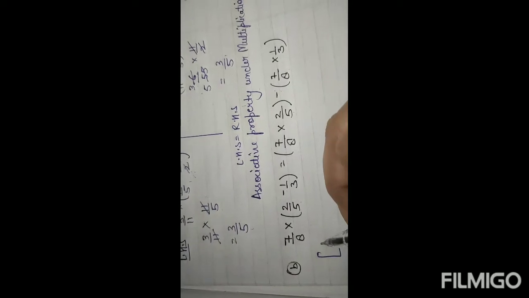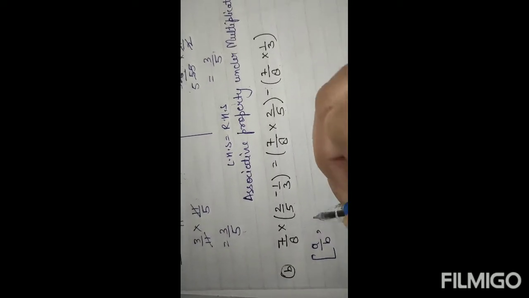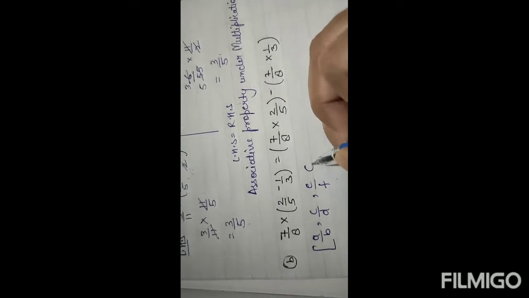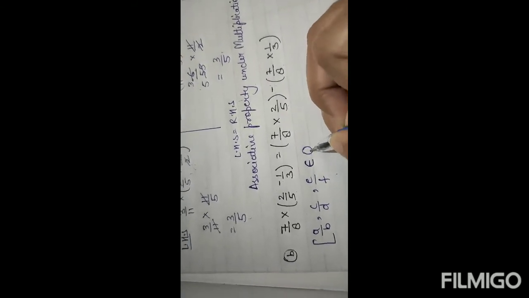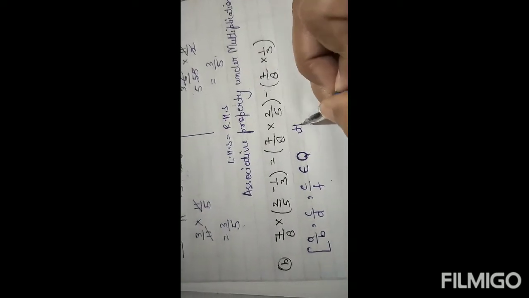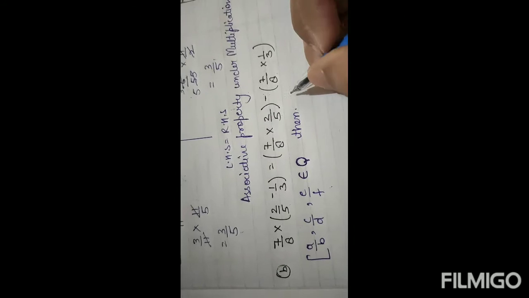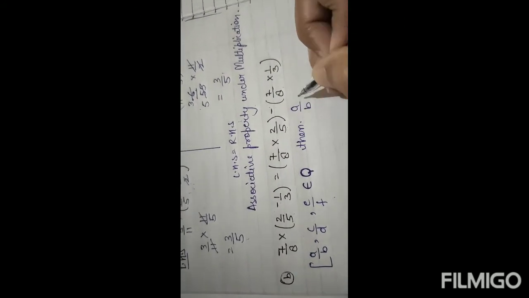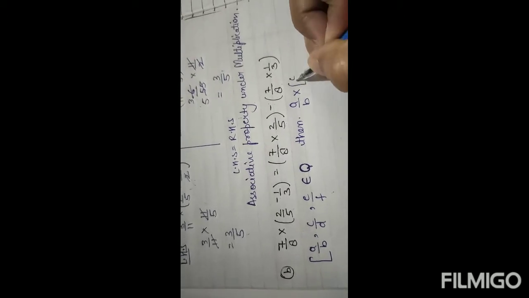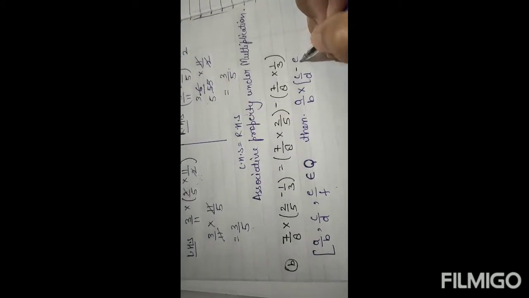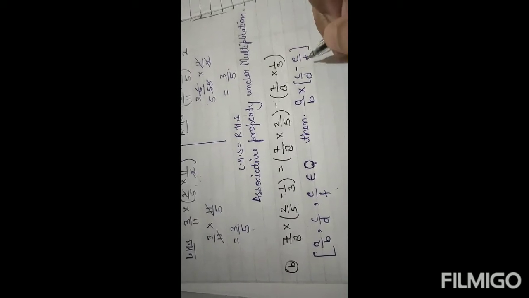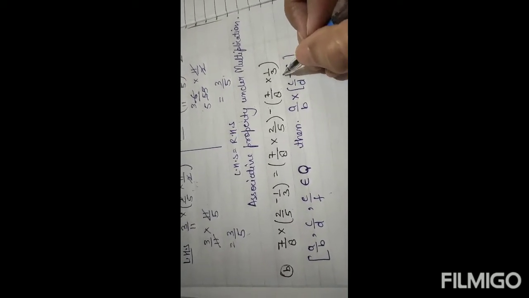Suppose A by B, C by D and E by F are all rational numbers, then the distributive property says that if A by B multiplies C by D minus E by F, there can also be plus. It is for plus also.